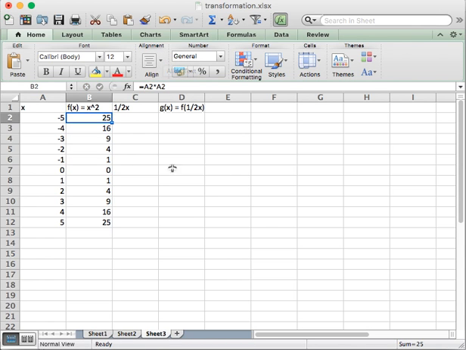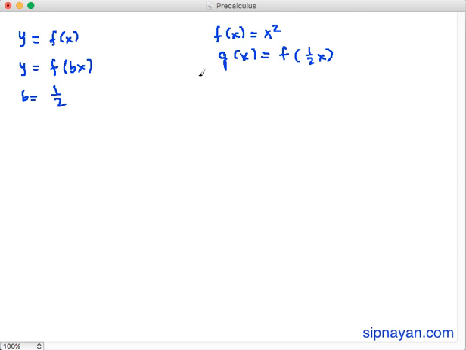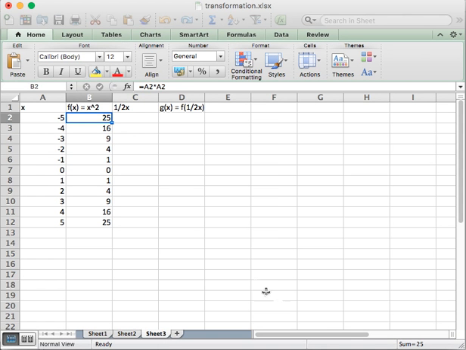And of course, to make it easier, since what we are looking for from the previous window is f of 1/2 x, it is better to get the value of 1/2 x first. We can do that by using this column.